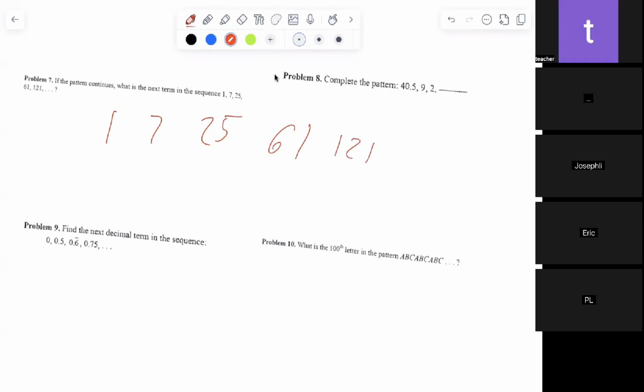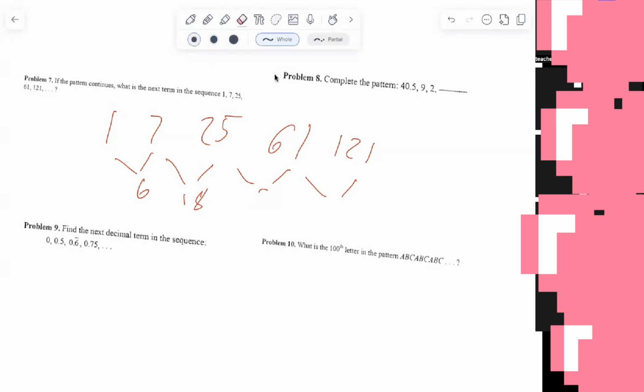Then you look at the common difference. 1 to 7 is 6, then 18, then 36, and 61 to 121 is 60.